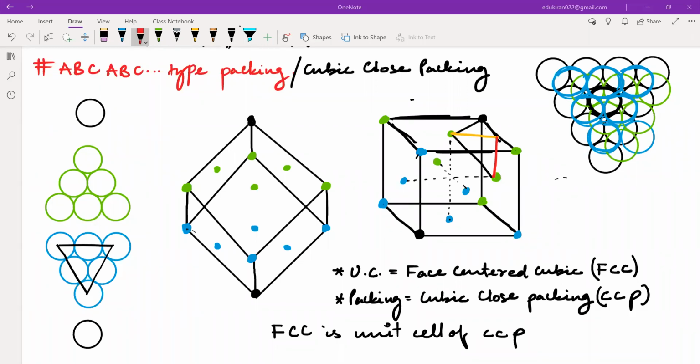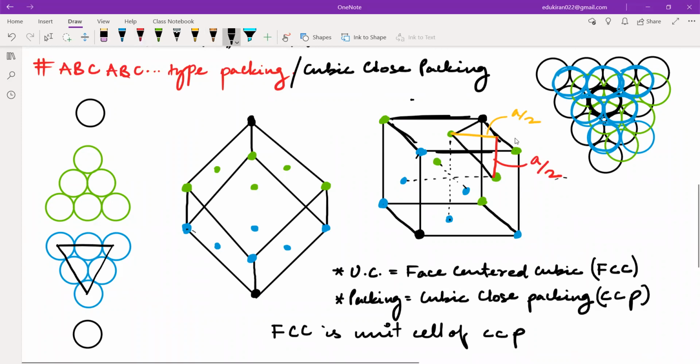So this yellow one will also be a by 2. Just stop me if you don't understand why it is a by 2. And this will also be a by 2. All of you clear why this will be a by 2 and a by 2? Is there anyone who has any doubt why this will be a by 2?